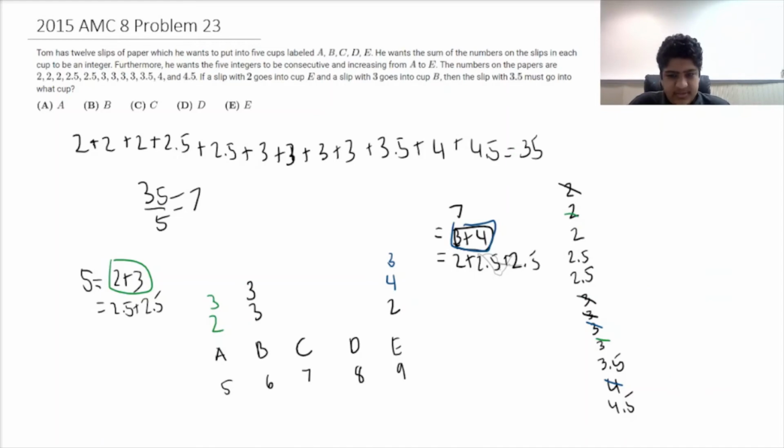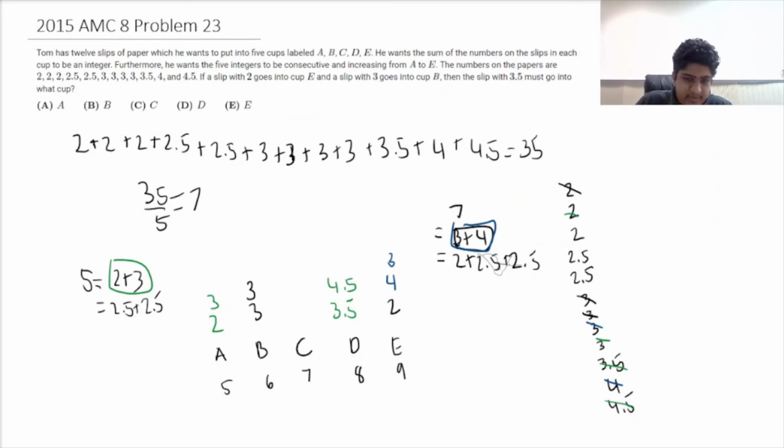And now we look at D, which is going to be 8. And it appears that we actually don't have any way to make 8, because 2.5 plus, we do. 8 is going to be equal to 3.5 plus 4.5.